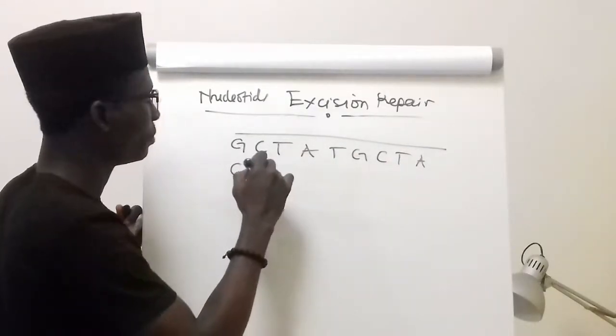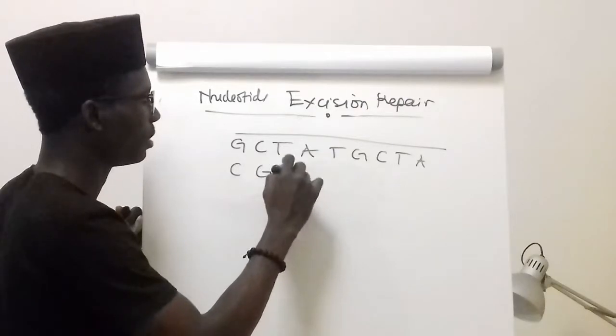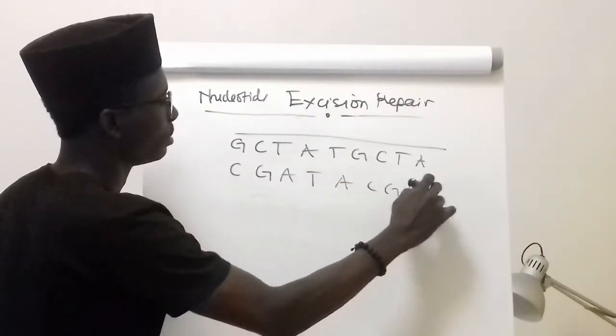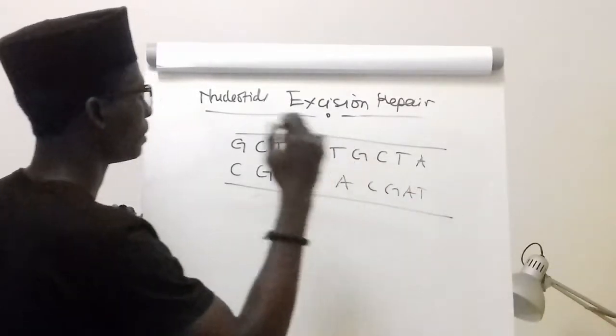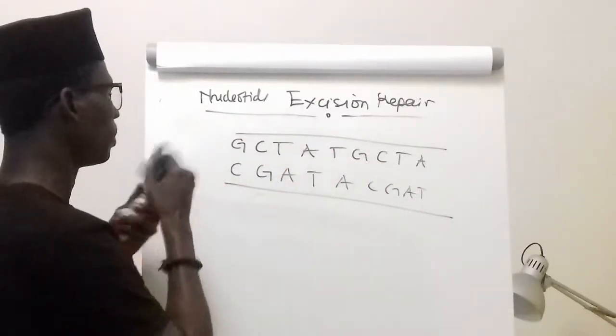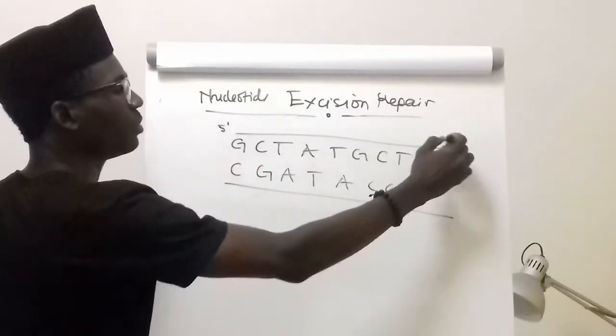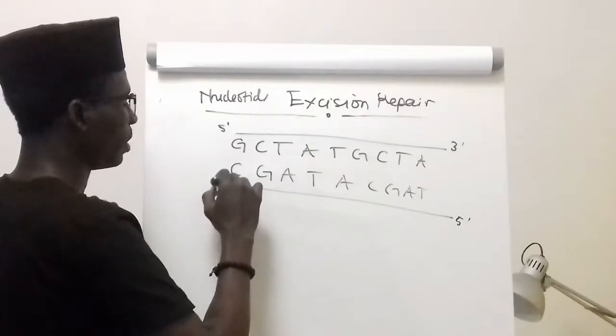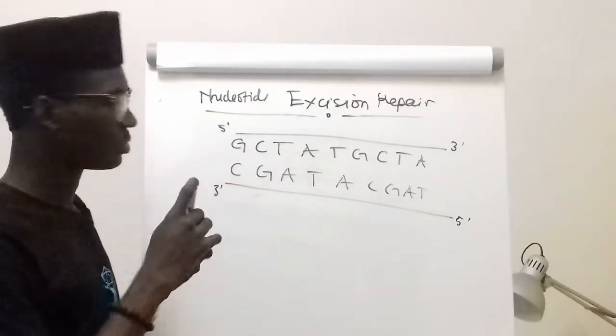Want to try? C, G, A, T, A, C, G, A, T. Beautiful. Don't forget 5 prime and 3 prime, because it's very important, or else you may get confused.